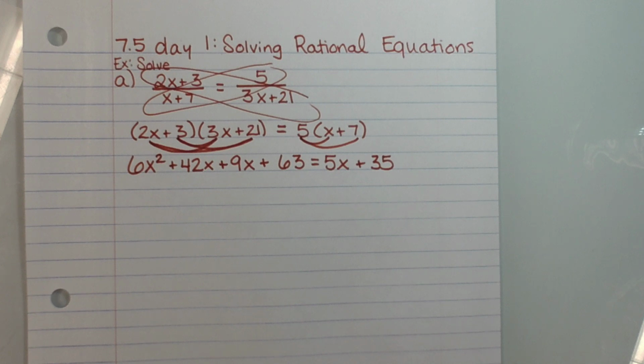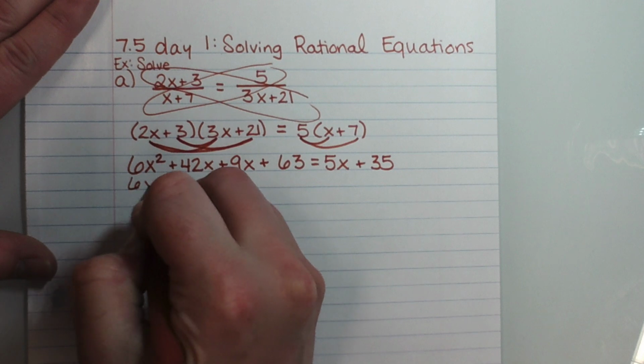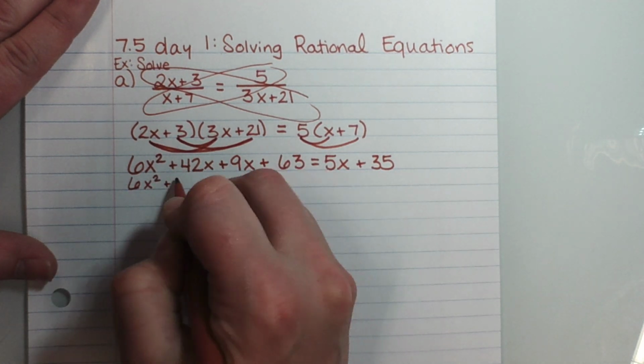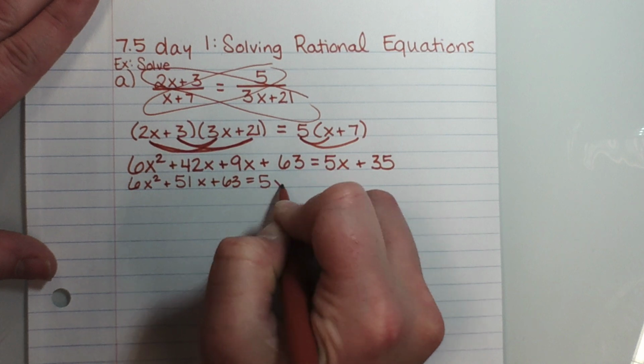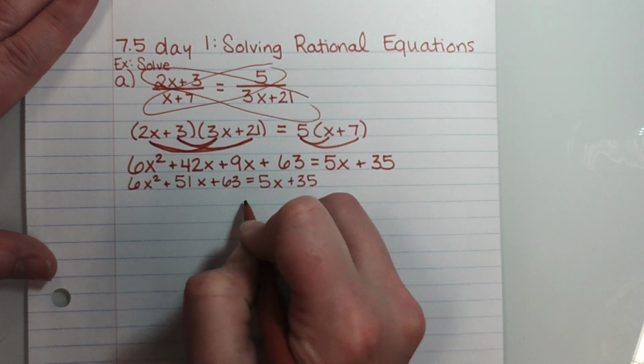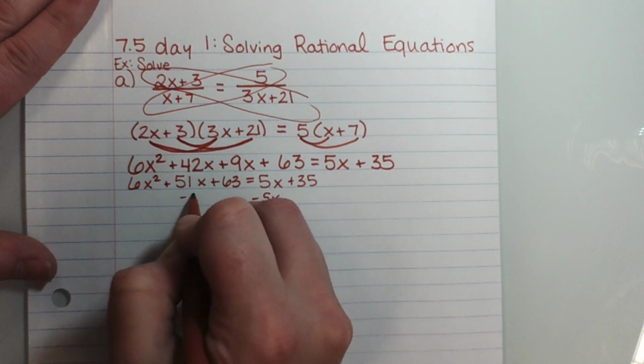My rational equation turned into a quadratic equation. To solve quadratics, you want them equal to 0. So I need to combine like terms and get it equal to 0. So I'm going to start by just combining the like terms first, and then I'll move things across.